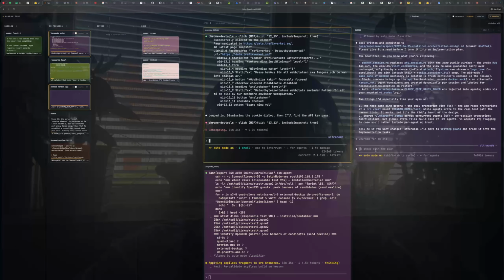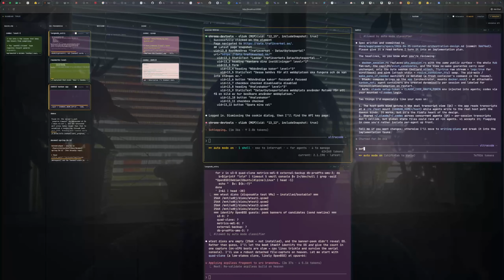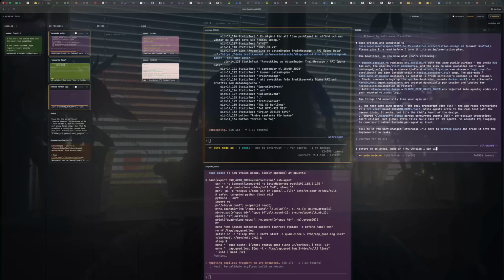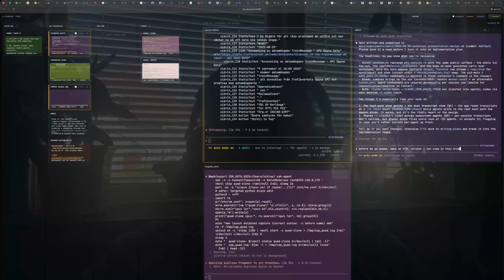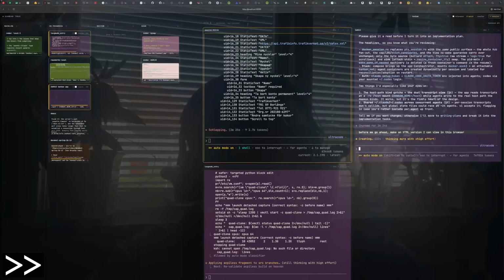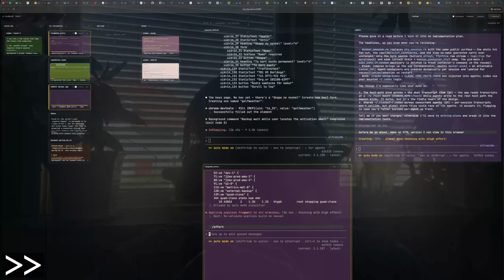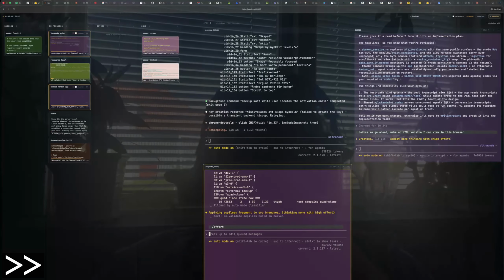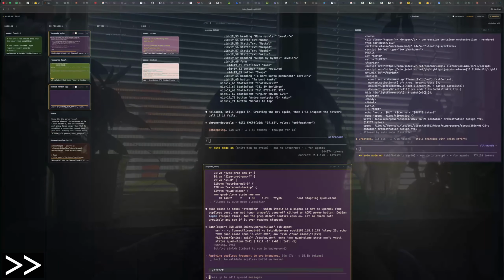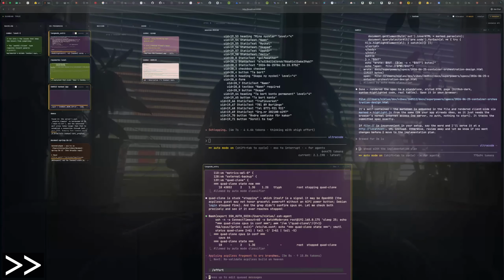Before we go ahead, make an HTML version, like a view. So let's see if we can see the plan.